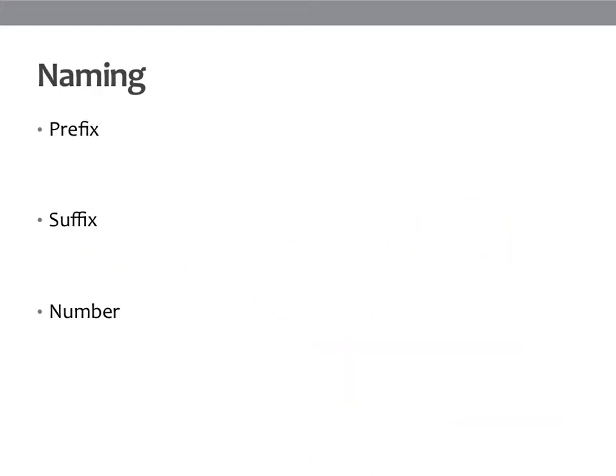Now when it comes to naming these, you gotta look up the prefix, suffix, and the numbers. This you need table P for. So the number of carbons in the main chain tell you pretty much the prefix. And you have to look up table P as an example. Meth equals 1, eth equals 2, prop equals 3, so on and so forth. You have to look at table P for these prefixes.